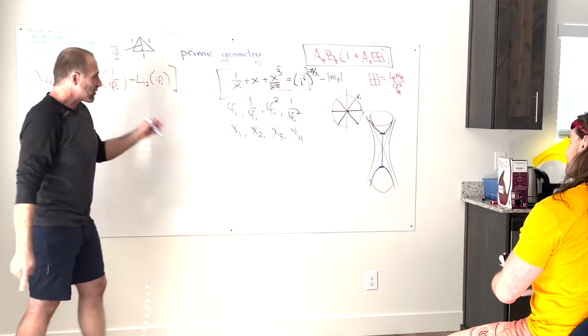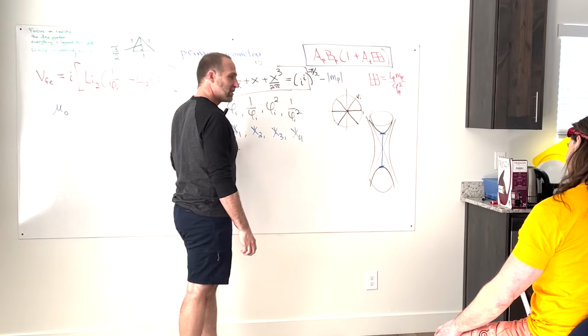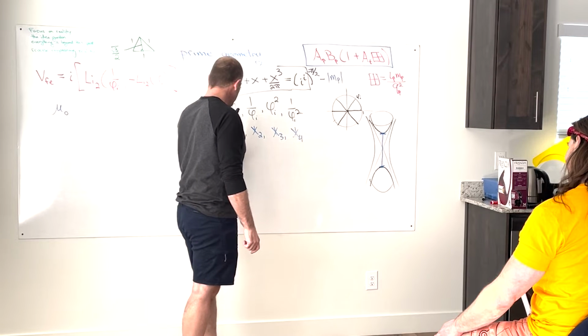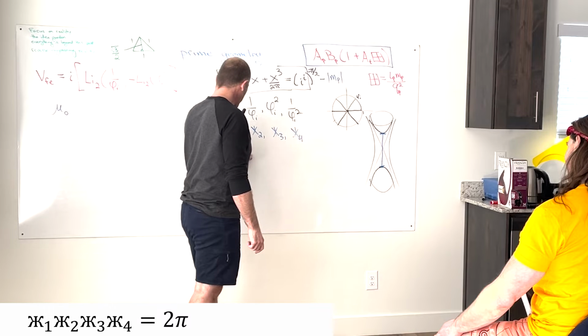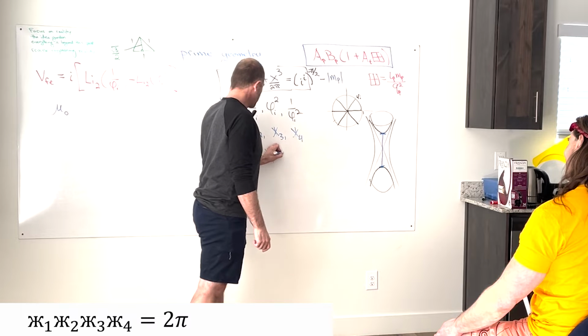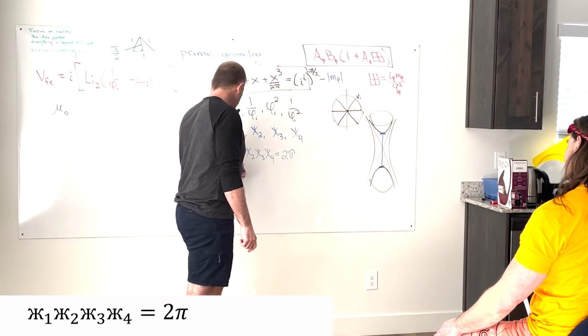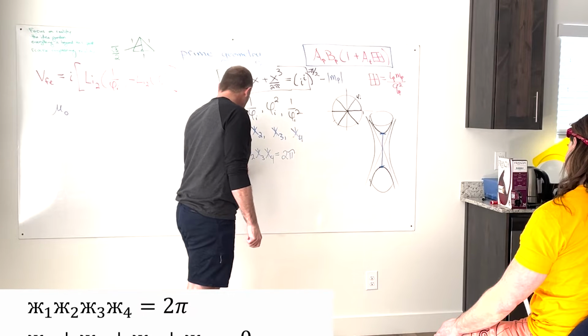In fact, let's remind ourselves of some of our favorite equations. Just do the J's times all the J's. J1, J2, J3, J4 equals a circle. Beautiful. We're going to need a few of them here, so let's do a couple of equations.